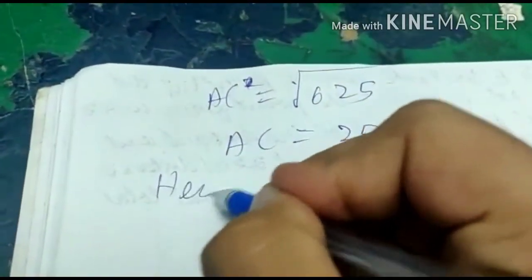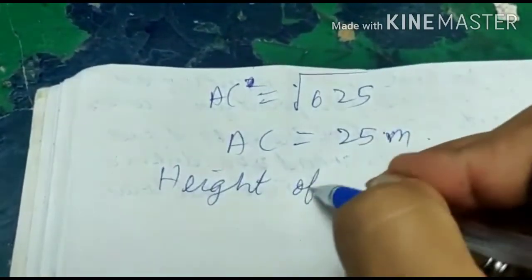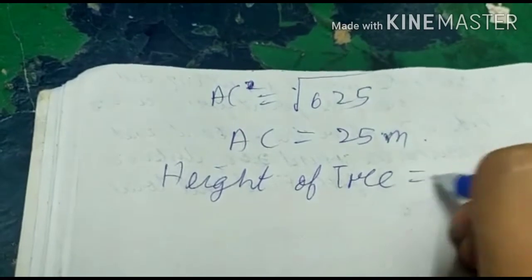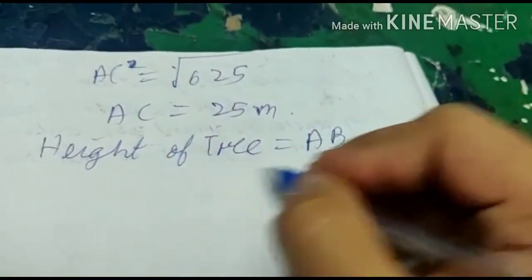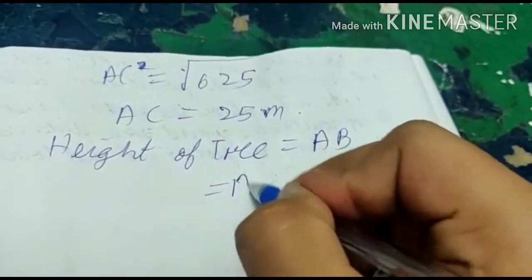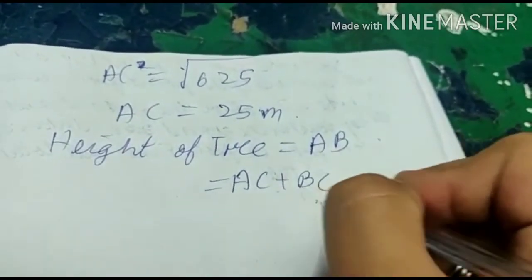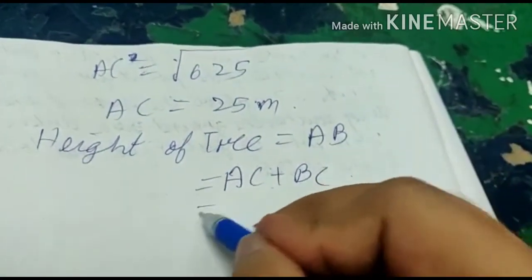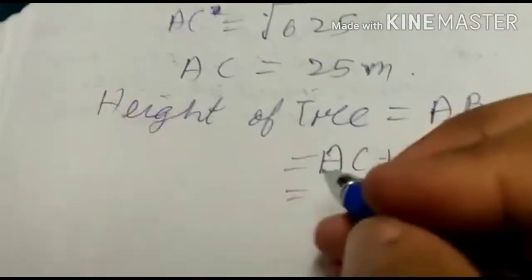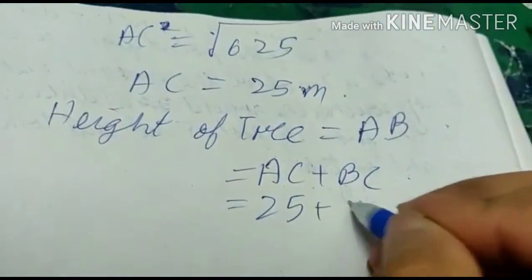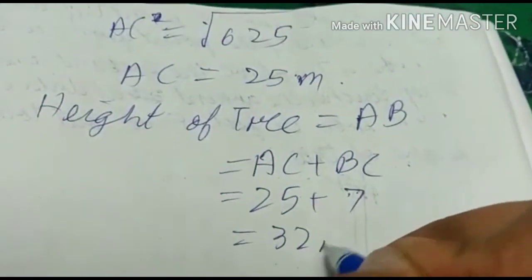So the height of the tree is AB, that is AC plus BC. Here AC is 25 and BC is 7, so this is 32 meter. This is the height of the tree.